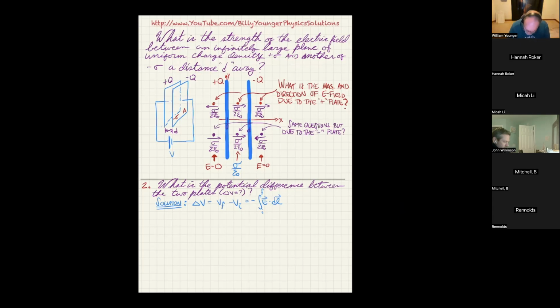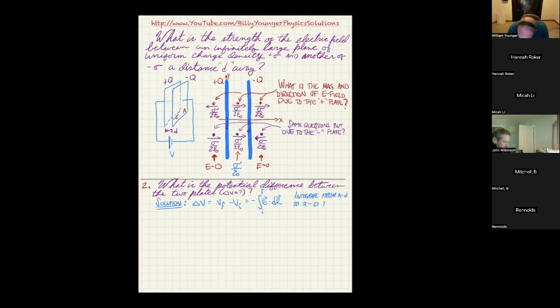So what I am going to do is I'm going to say integrate from x equals d to x equals 0.